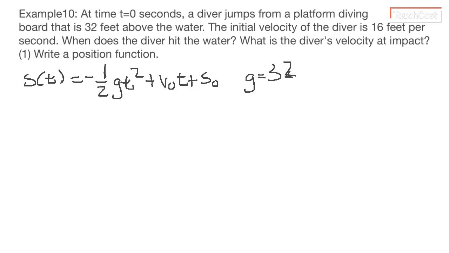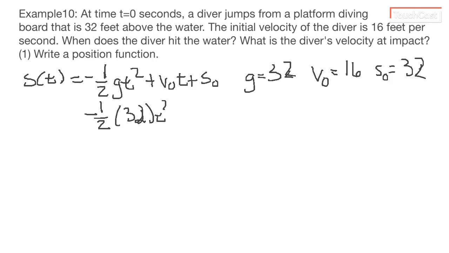In this particular case, our initial velocity is 16 feet per second, and the diver's initial position is 32 feet above the water. So we're going to put these values into the formula. We're going to have negative 1/2 times 32 t squared plus 16t plus 32.